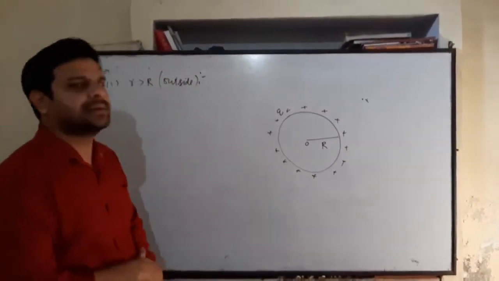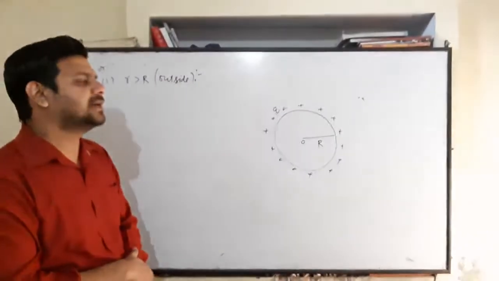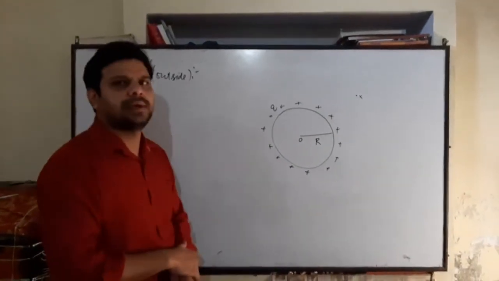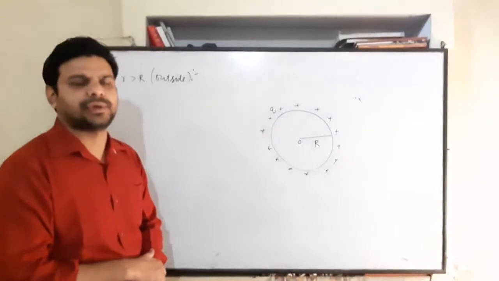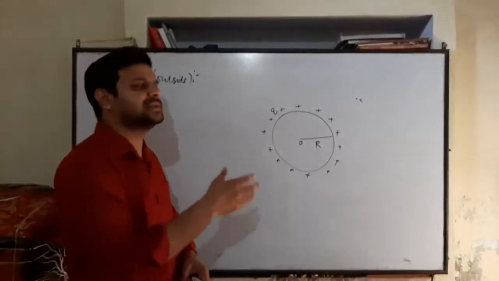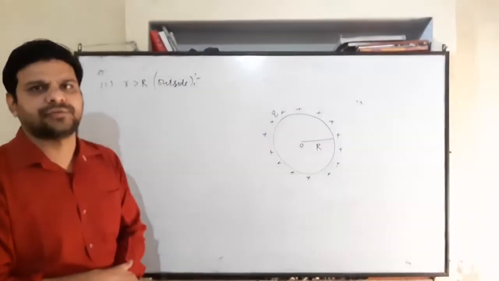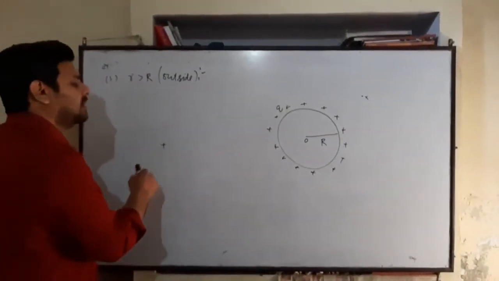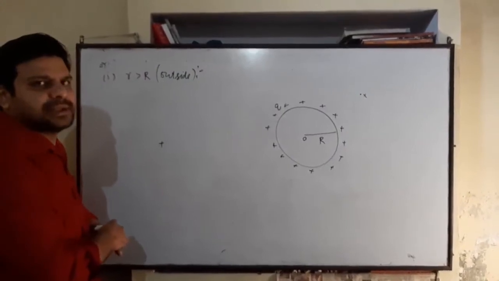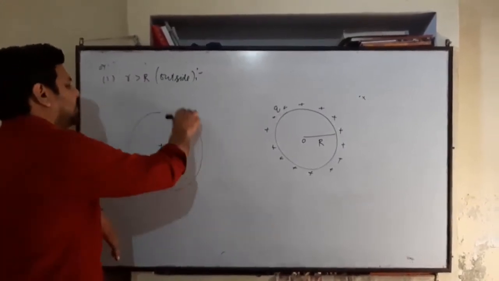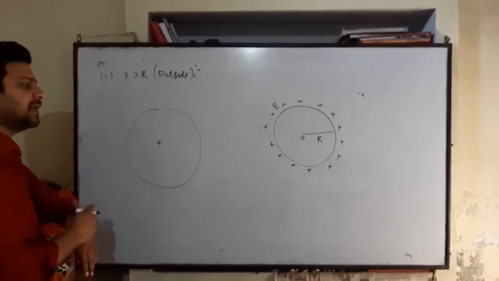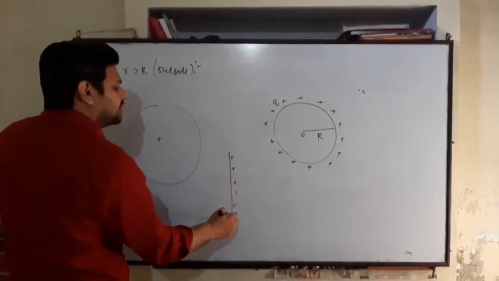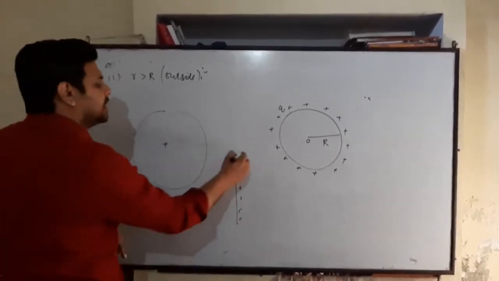So the first step. What was the first step to apply Gauss theorem? At first, we will draw a closed Gaussian surface around the charge configuration. As I told you, if we have a point charge, then the shape of the Gaussian surface will be spherical, and if we have a line charge, then the shape of the closed surface will be cylindrical.